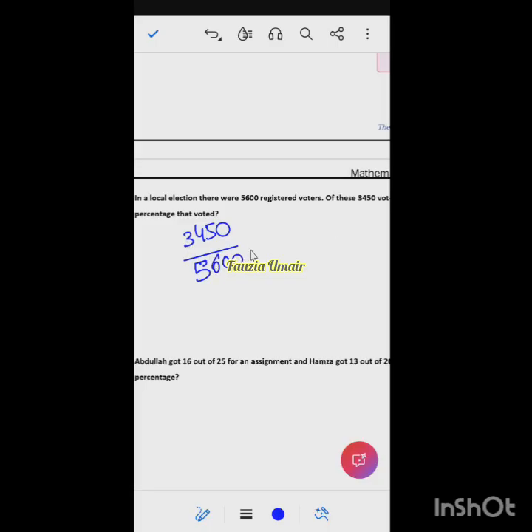Now to convert it into a percentage, we will multiply it by 100 and cut two zeros. These two zeros can be cancelled. So 3450 divided by 56. Can I divide with any number? With which number can I divide 56 and 3450?